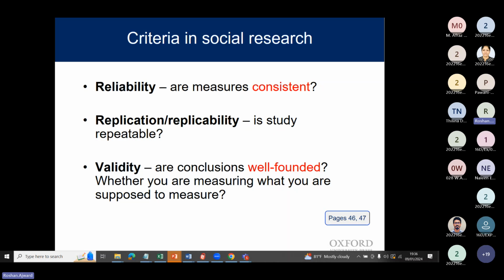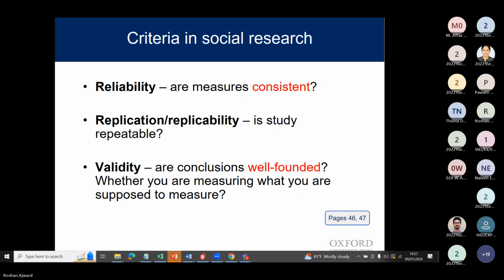Likewise, there are 3 criteria that you can use to evaluate social science research, social research. At the exam, you might have a question like, explain the 3 criteria that you could use to evaluate social research. So what are the three criteria? First one is called reliability.